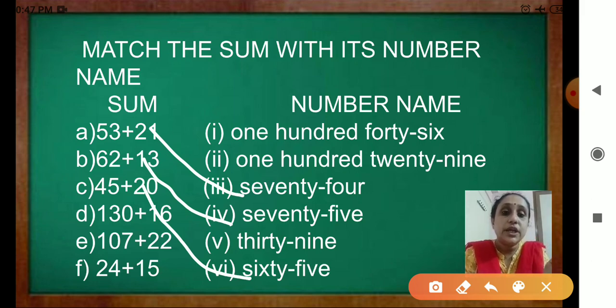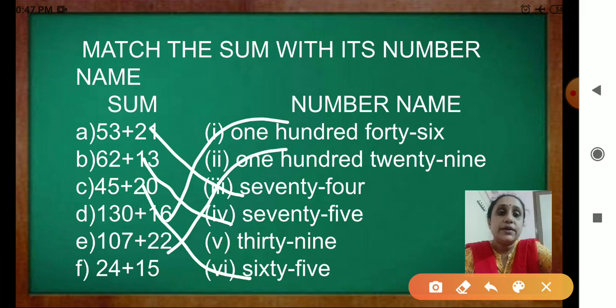Now 130 plus 16. Try to add. 146. Now 107 plus 22. You will get 129.